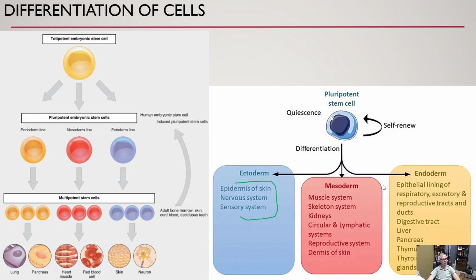The mesoderm: muscle, skeletal muscle, kidneys, cardiovascular, lymphatic systems, reproductive system, or part of the skin. Endoderm: epithelial lining of the respiratory ducts, digestive, liver, pancreas, thymus, thyroid, parathyroid. So those are going to be your pluripotent stem cells that are going to go to your ectoderm, mesoderm, or endoderm.